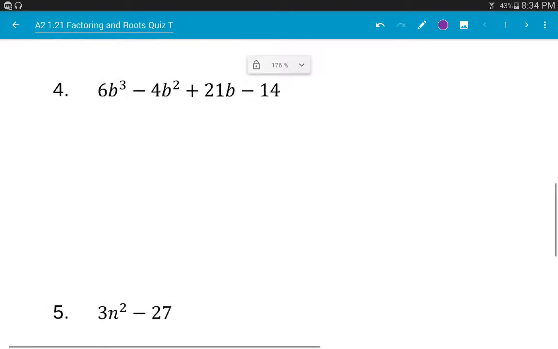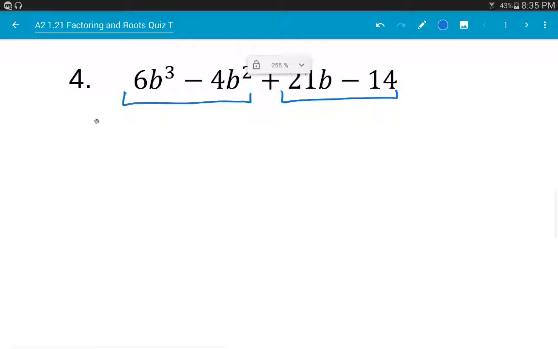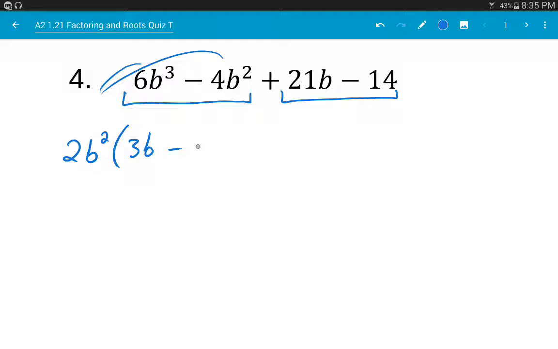Question 4 is just like that. 4 terms. These are both divisible by 2. So 2 and b squared. That can come out. Leave me with 6, nope. Leave me with 3b minus 2. Yeah, mentally distribute back in. Yep, correct.